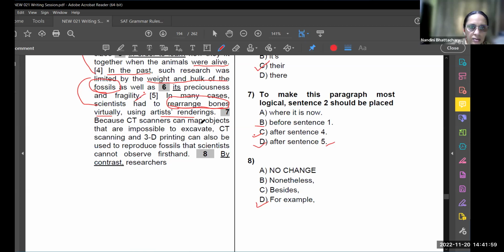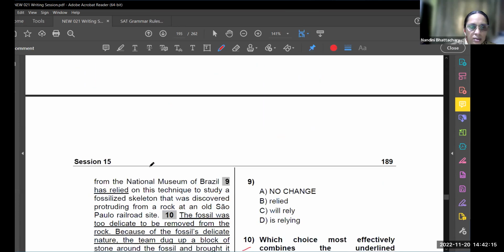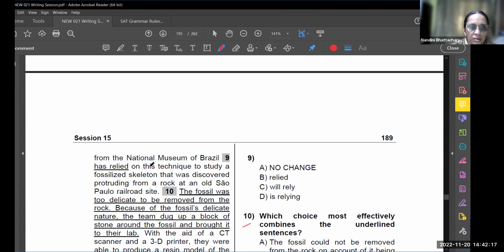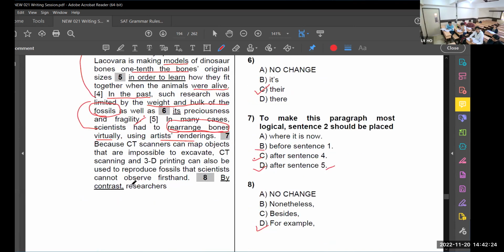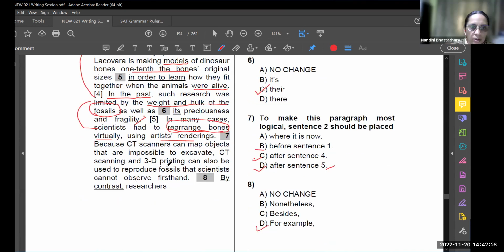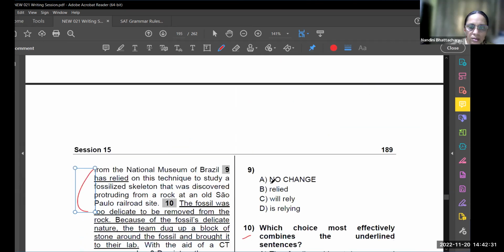Because CT scanners can map objects that are impossible to excavate, CT scanning and 3D printing can also be used to reproduce fossils that scientists cannot observe firsthand. Then, by contrast, researchers from the National Museum. So this is actually giving you an example of the previous point. So we'll have for example and not by contrast.